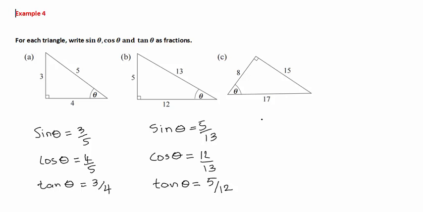Okay, in this diagram, you can try this yourself. Would you like to try it? Pause the video. Okay, so we have sine theta. Sine is opposite on hypotenuse, 15 on 17.